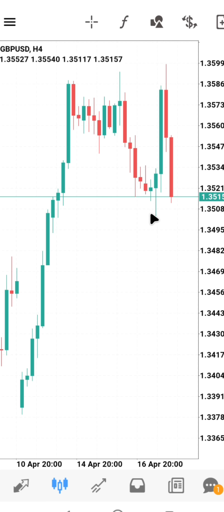Previously, the bulls right here sent price up from here when the market got down here, leaving this long lower wick. Now that means that bulls within this area will most likely repeat the same thing around this area. They may send this price up once again if they are still strong within the zone.